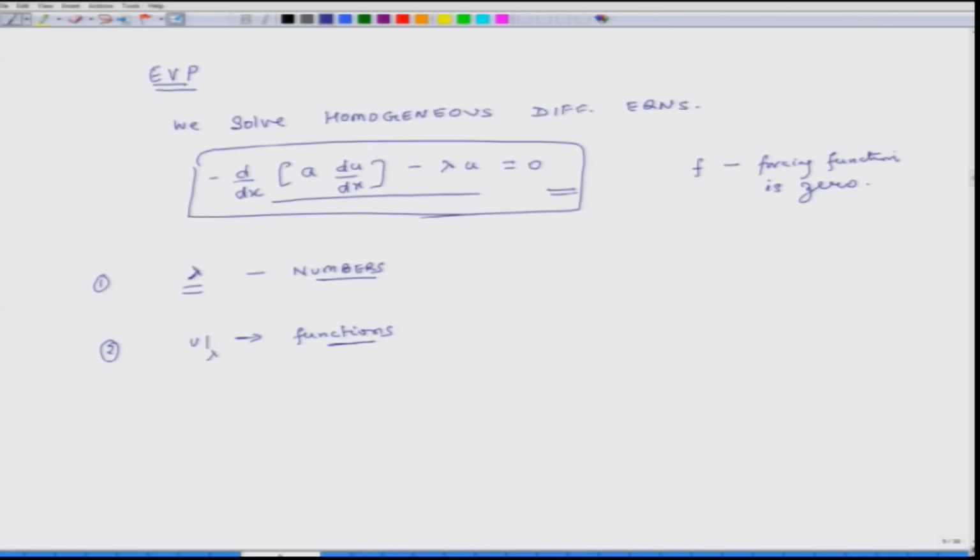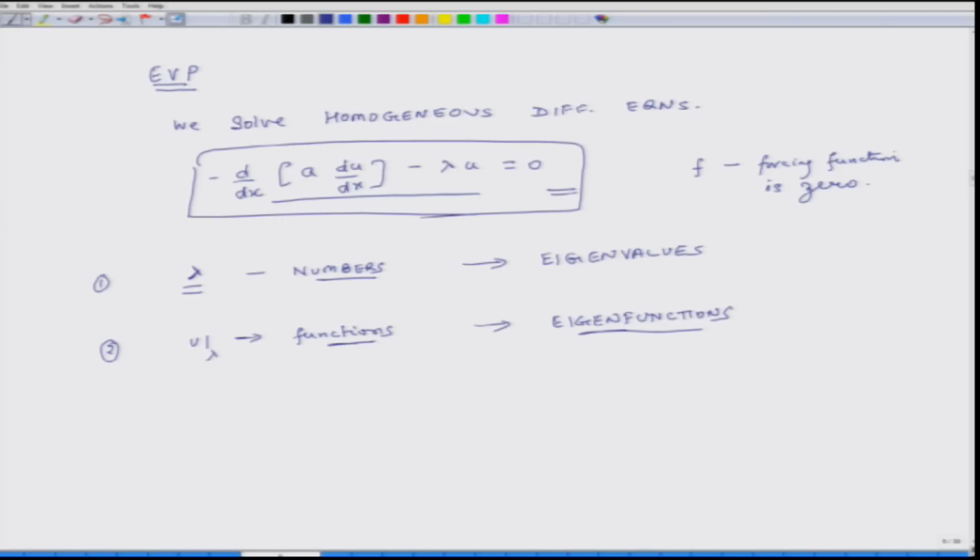These numbers are called eigenvalues, and eigenvalues is one single word, it is not two words. These functions are known as eigenfunctions. Eigenfunction is also one single word.